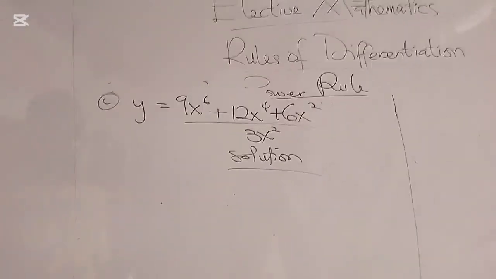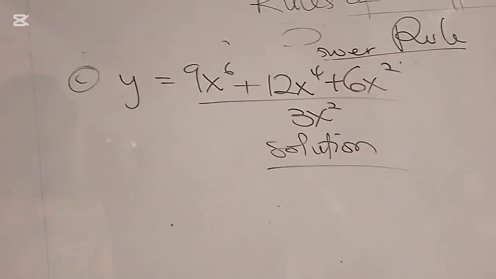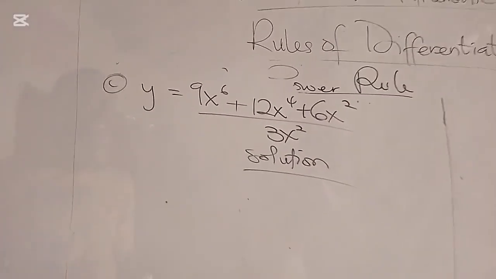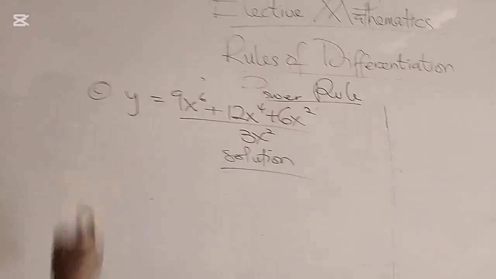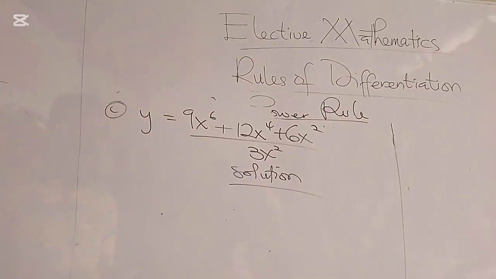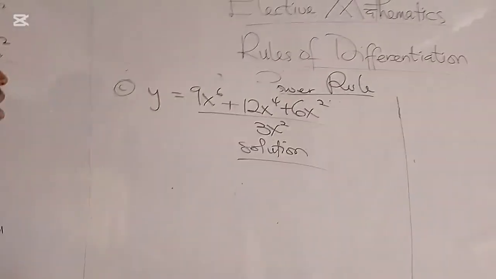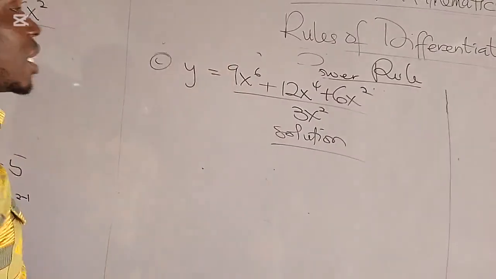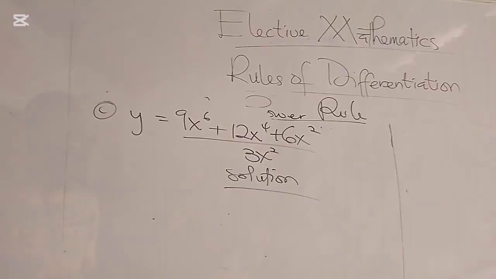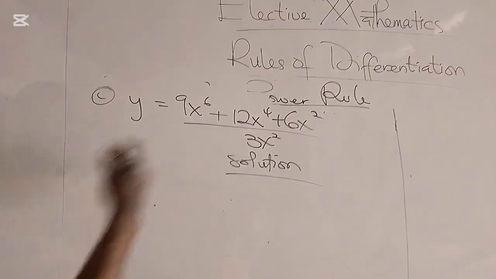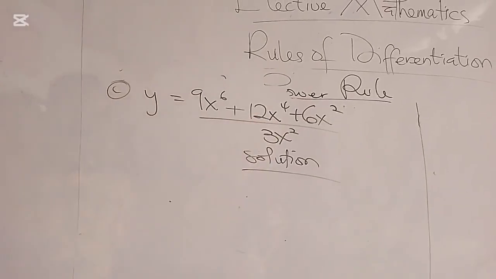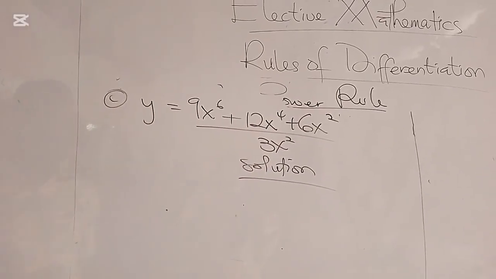Okay, so can we continue? Okay, so this is another question that we need to solve. How do we solve this question? y is equal to 9x to the 6th power plus 12x to the 4th plus 6x squared, then all of this divided by 3x squared. When you see this question, you shouldn't fumble at all.